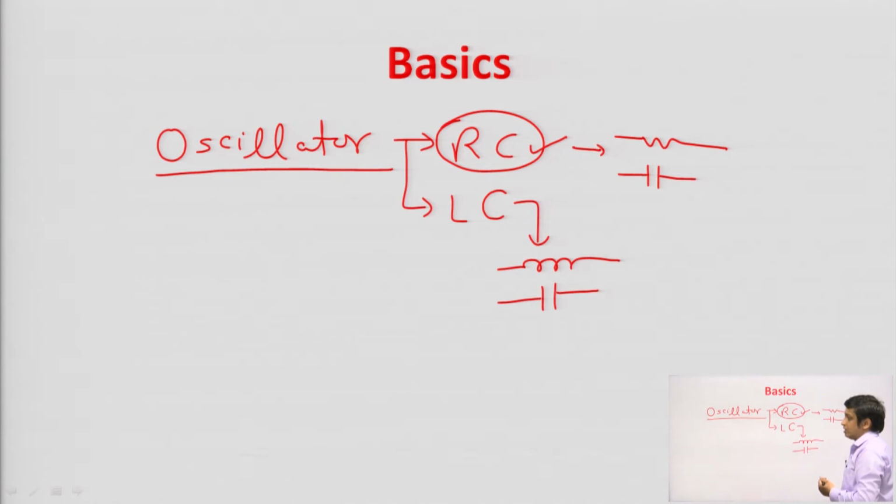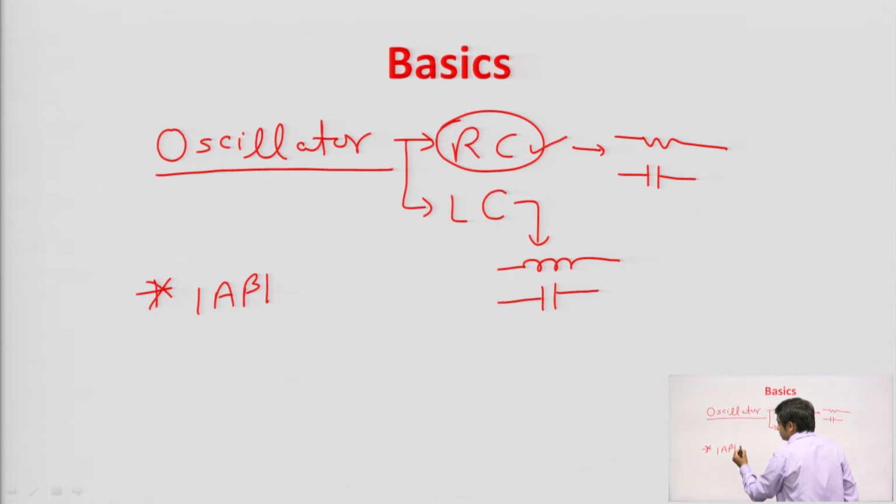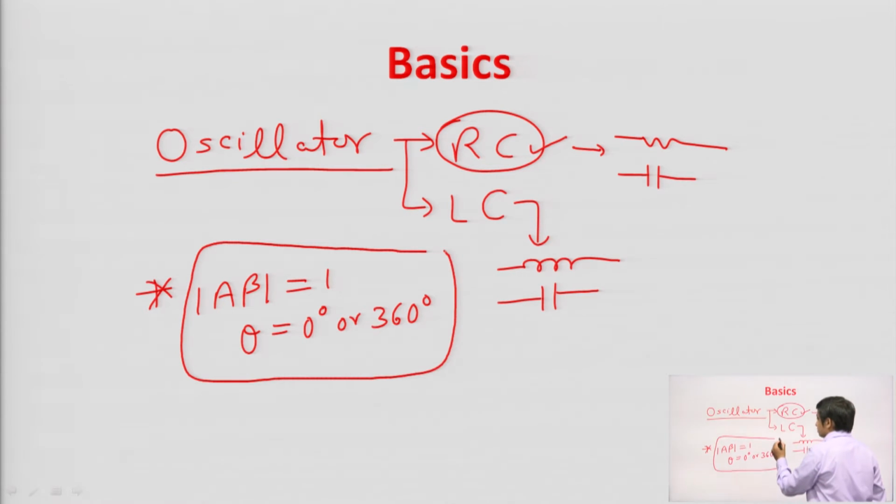Oscillations are generated as per the Barkhausen criteria, and that criteria is: the loop gain, that is mod A beta, should be equal to 1 and the phase shift around the loop should be 0 degree, that is equivalent to 360 degree. This is the criteria for oscillations. In order to generate the oscillations these two criteria should be fulfilled.